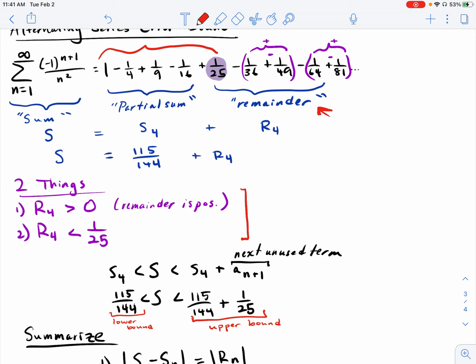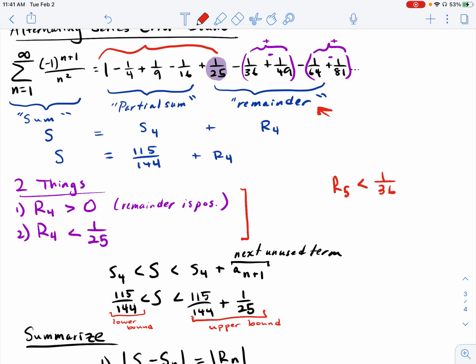It simply says that, okay, if I said my partial sum consisted of the first 5 terms in the series, then my remainder, R sub 5 now, would have to be less than my first unused term, which in this case would be 1 over 36.